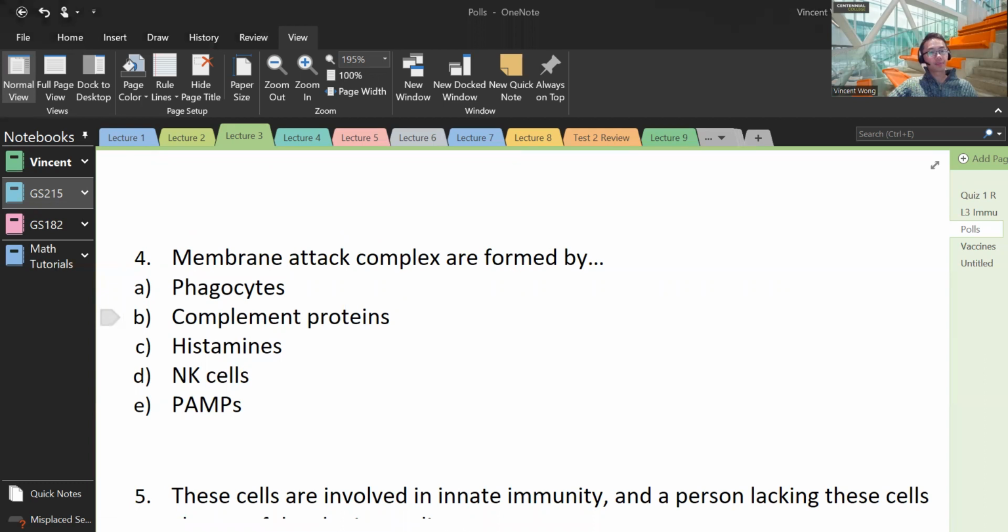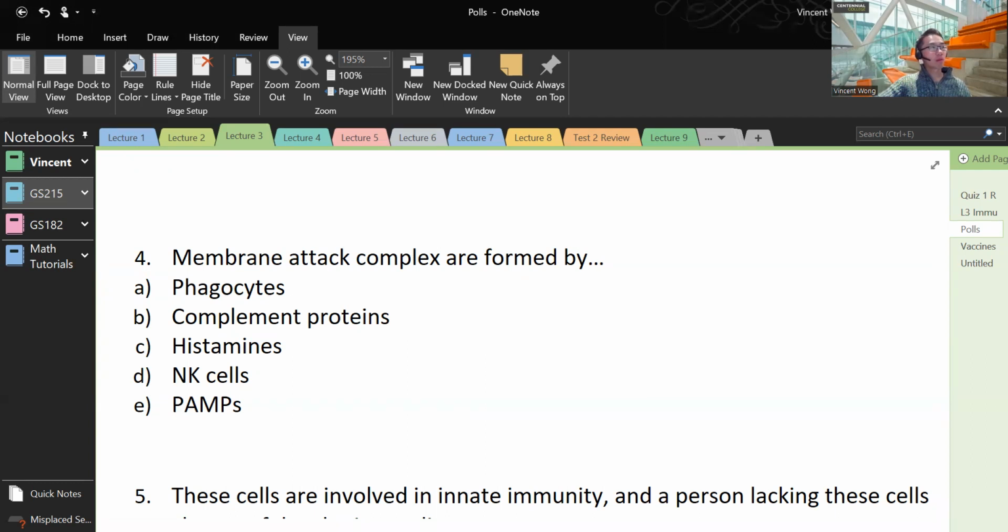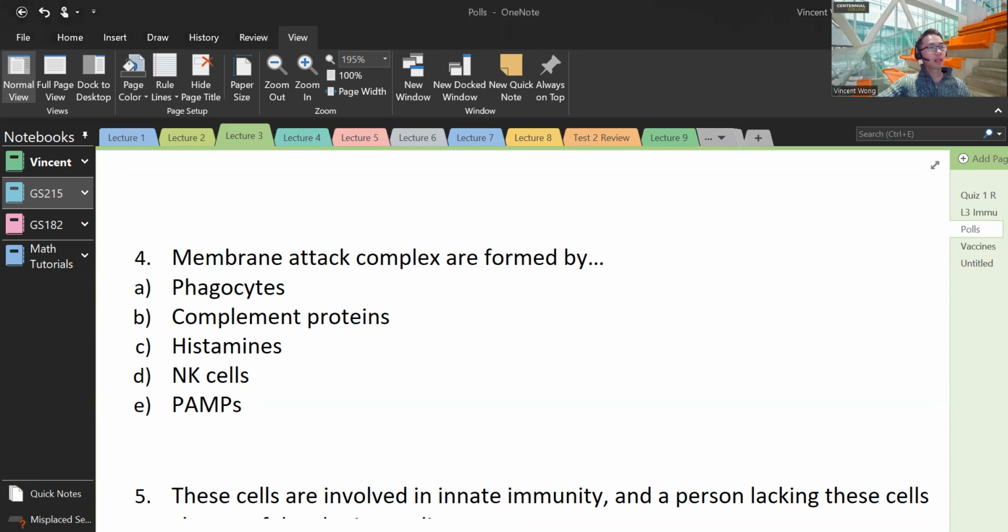Okay, another one here. Yep, they are going to be formed by the complement proteins.